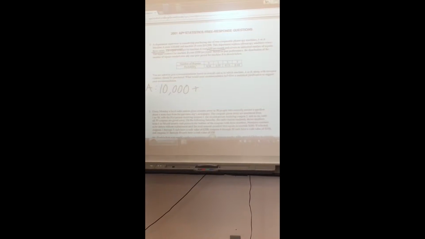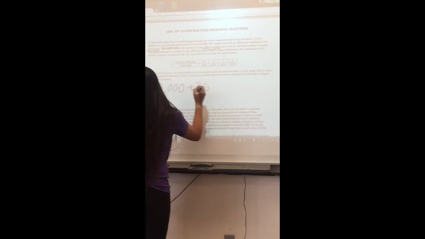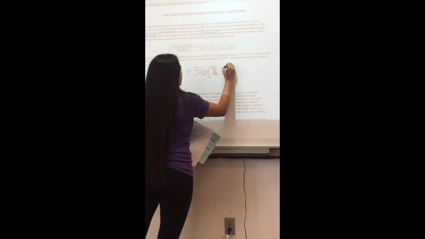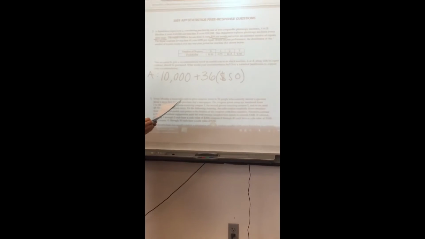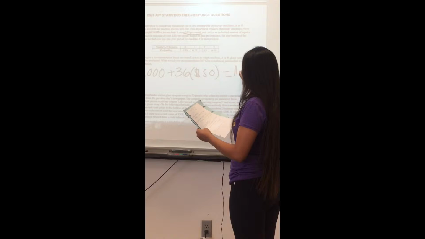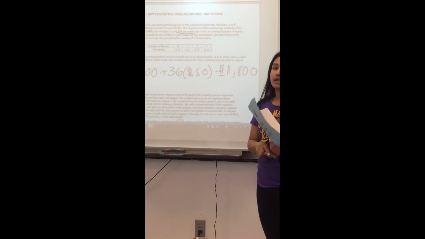So you take 3 times 12, which equals 36, and multiply that by the cost, and you end up with $11,800. So that's the total cost for A.